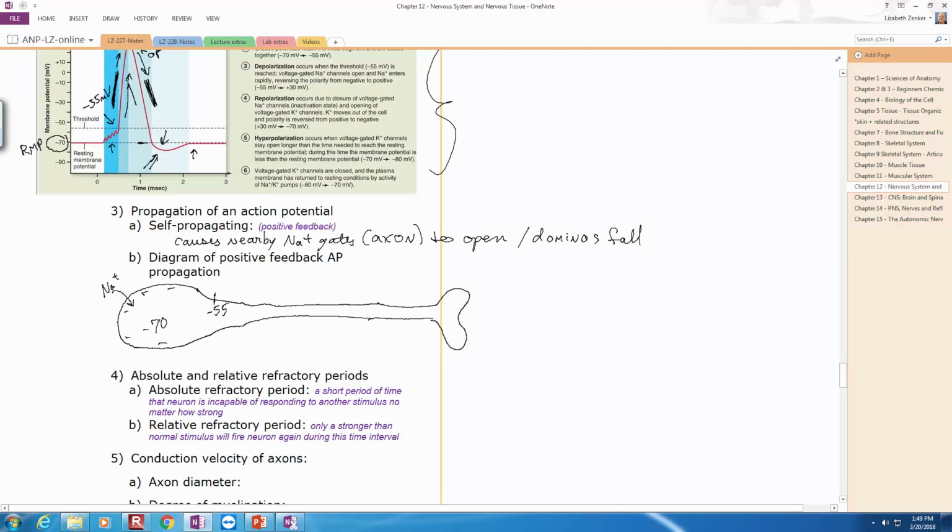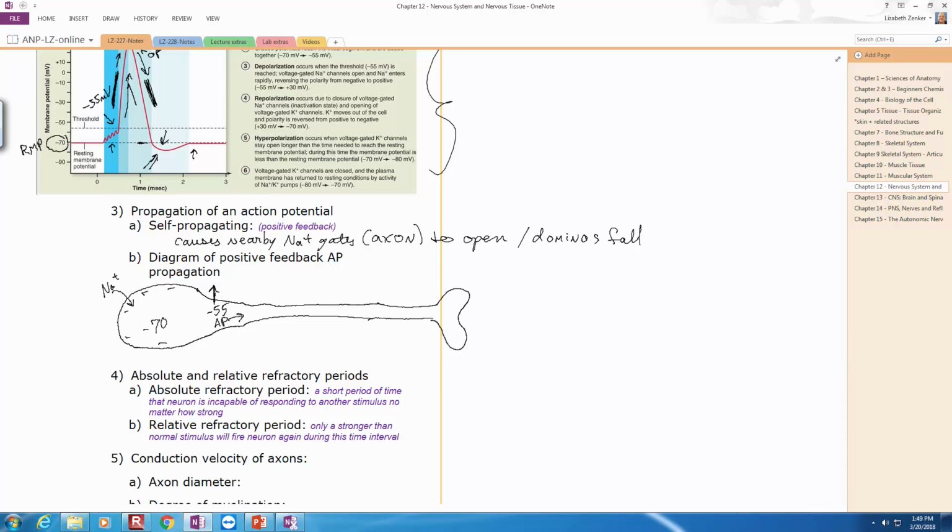Once you hit 55, all or nothing happens. If you don't hit 55, it doesn't matter how many little graded potentials, they're short-lived, so they'll go away. Then maybe enough come by, and finally you hit negative 55, then you get your domino effect. You're going to cause the action potential, self-propagating, and it's going to zip down the whole thing.